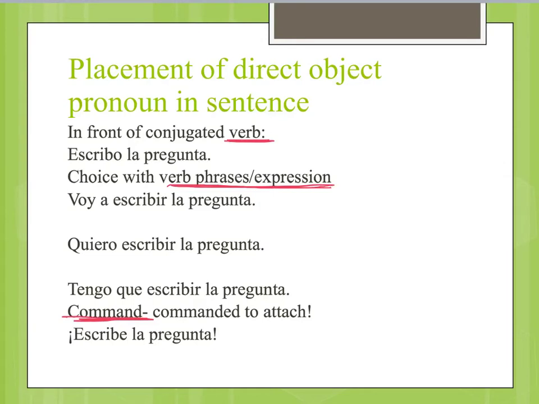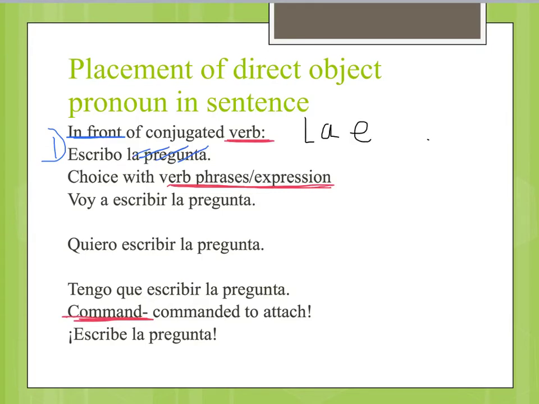In this first sample sentence of escribo la pregunta, we said before that I could take la pregunta and turn it into la, so that now my new meaning is I write it, but the rule tells me that I have to place it in front of the conjugated verb. That's why in some of the reading we've been doing, in El Secuestro especially, you may see sentences like this, la escribo.